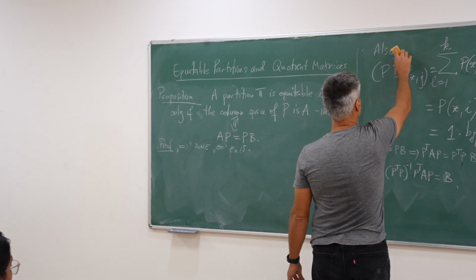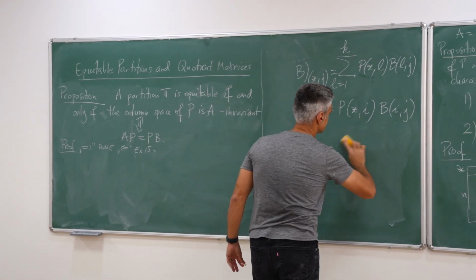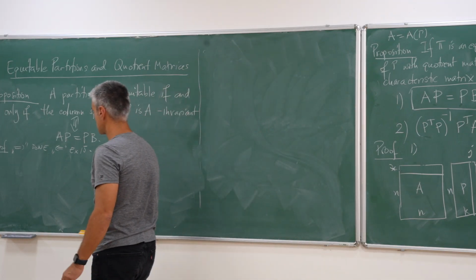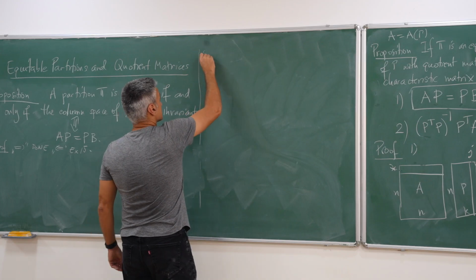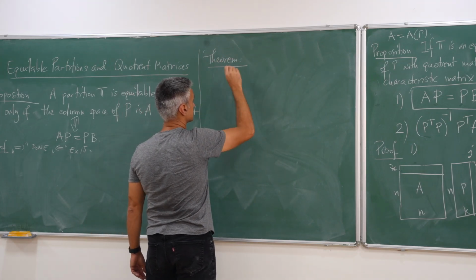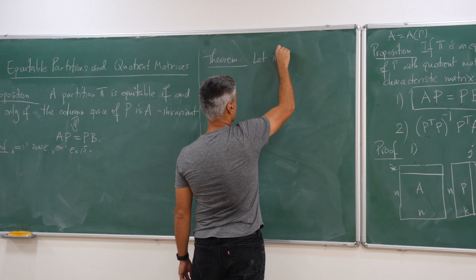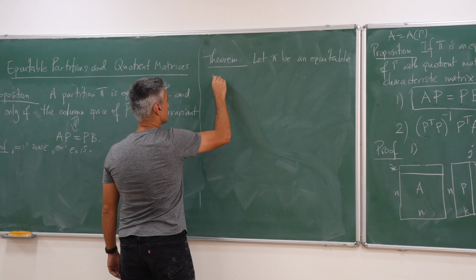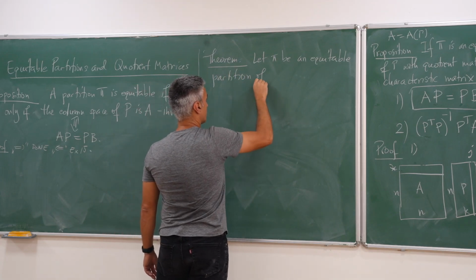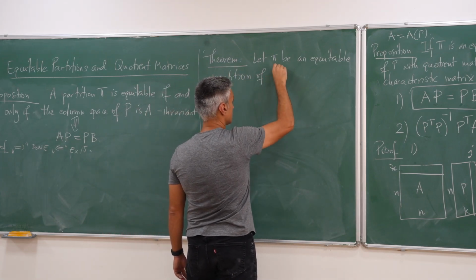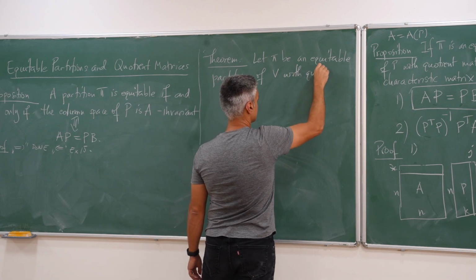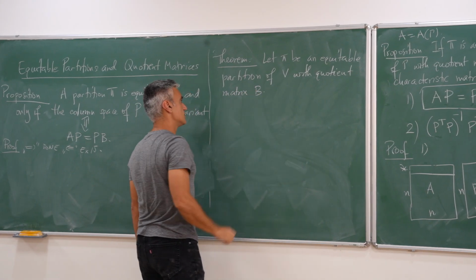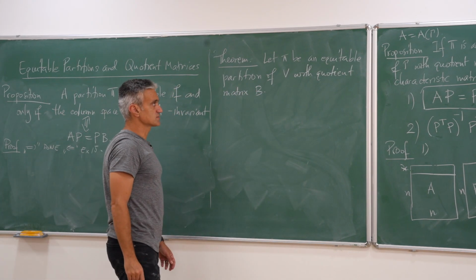Okay, so let me write down here the main theorem. So theorem: as before, let phi be an equitable partition of V with quotient matrix B. Then the following happens.